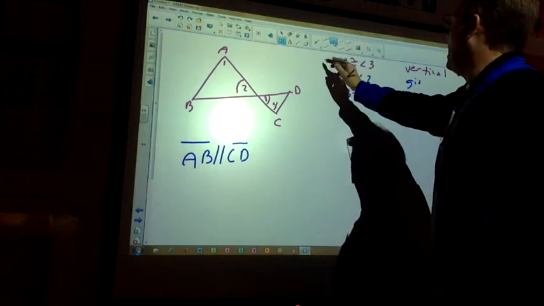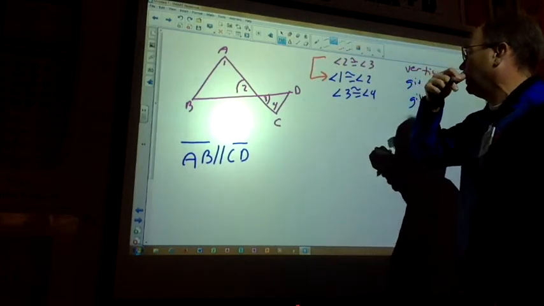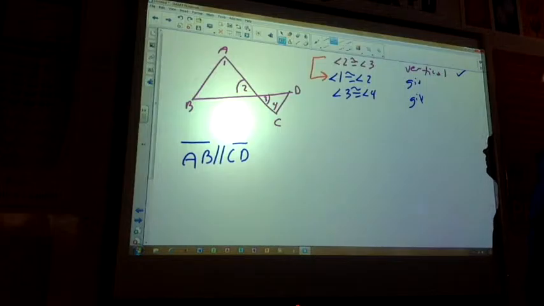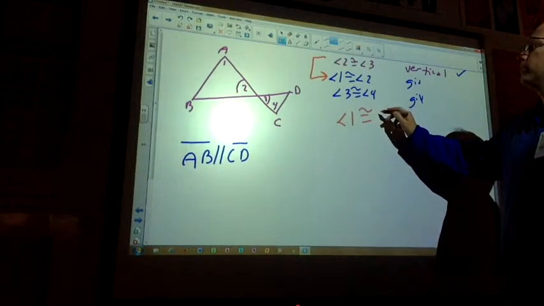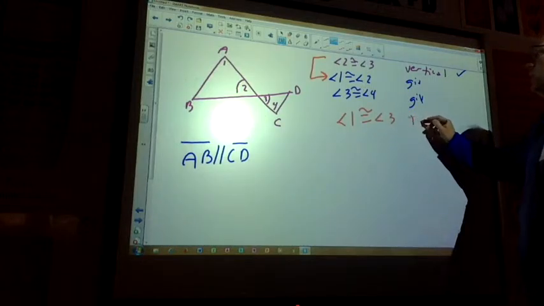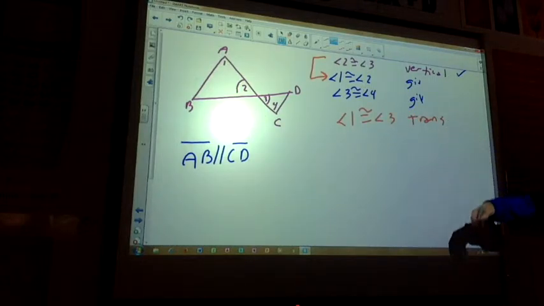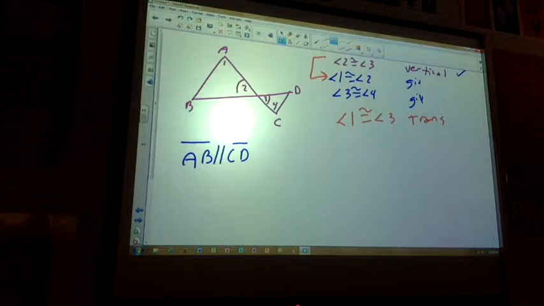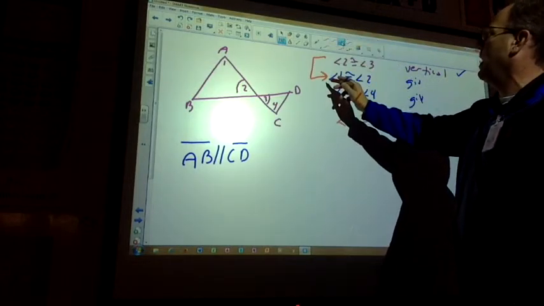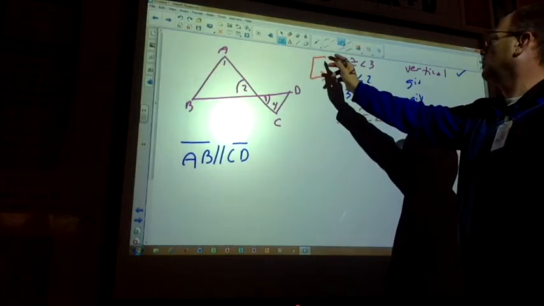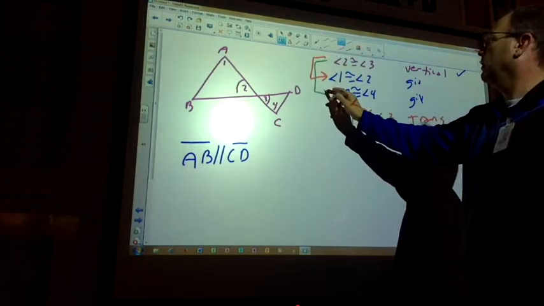So now, if I combine these together, what can I make the conclusion off of that? Angle 1 is congruent to what? Angle 3, transitive. I could say angle 2 is congruent to angle 2. Yay, but that's not going to help us. What can I conclude off of then? Let's see, 2, 3. Can I go here?